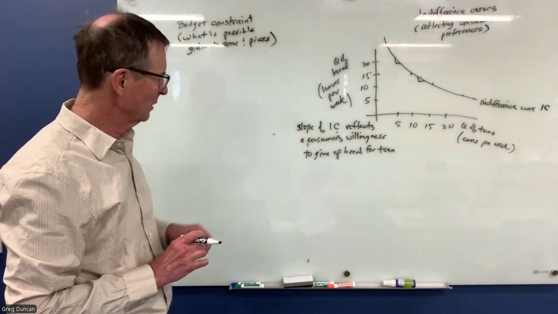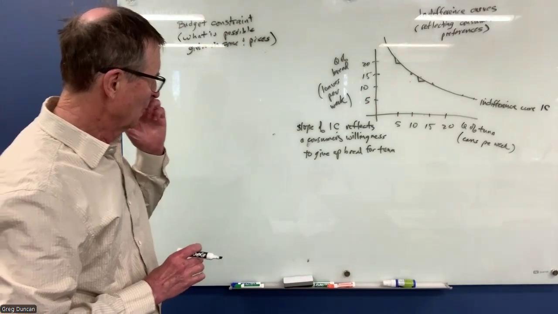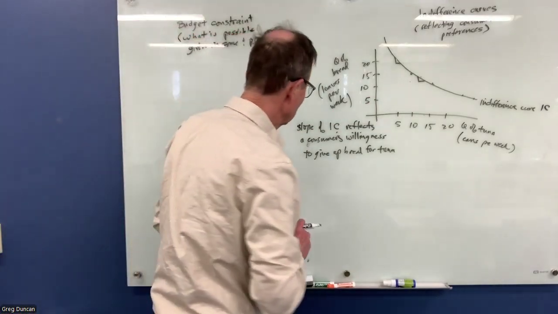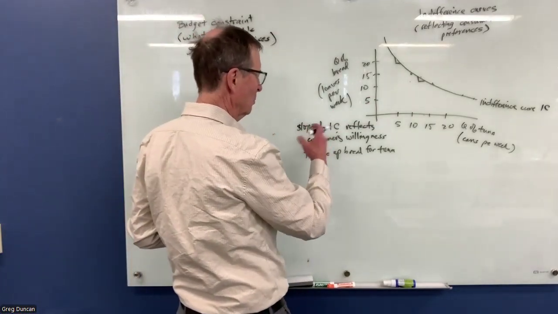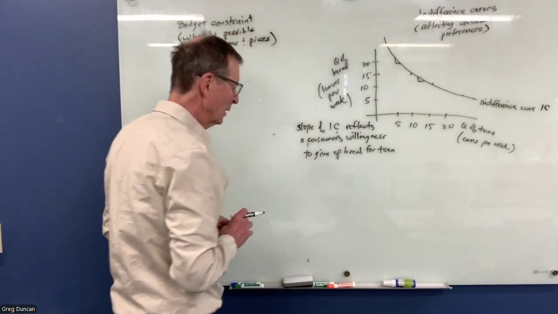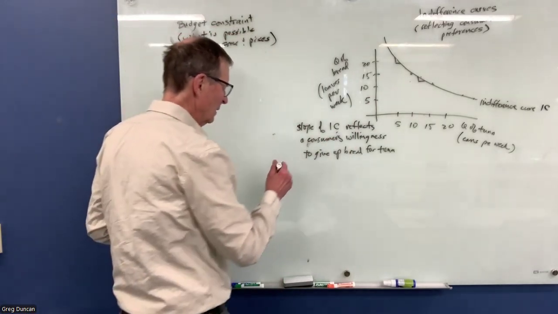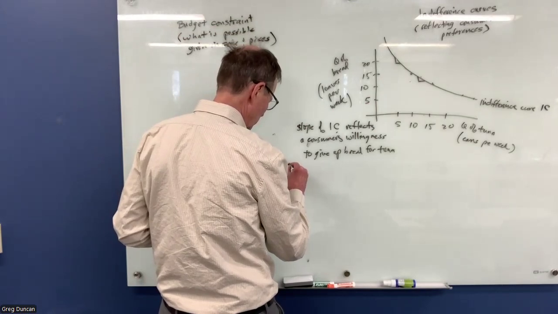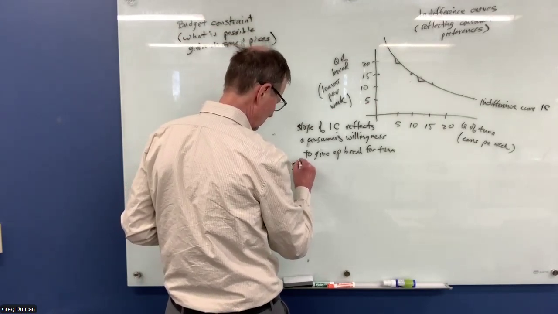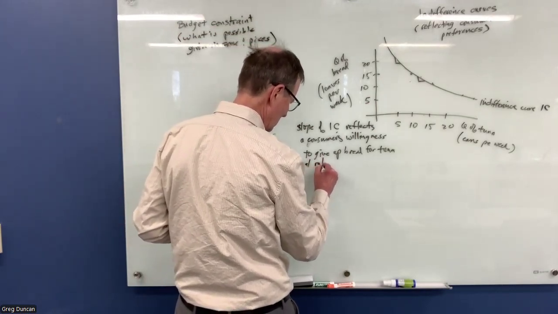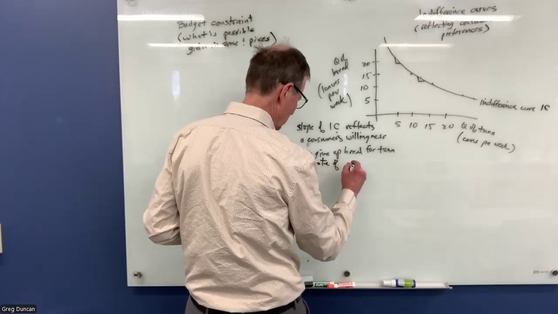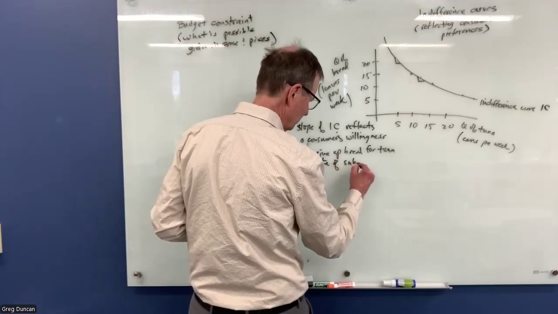So going back to these indifference curves, the slope is reflecting this willingness to give up one for the other. The economists call this the marginal rate of substitution.